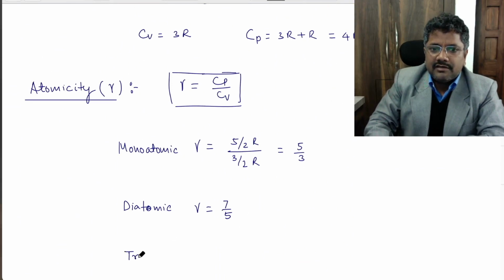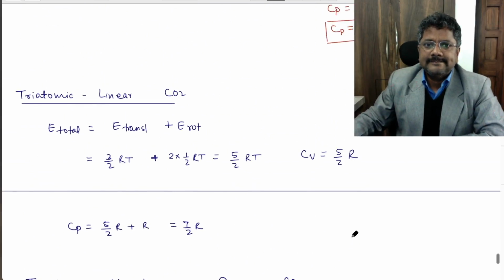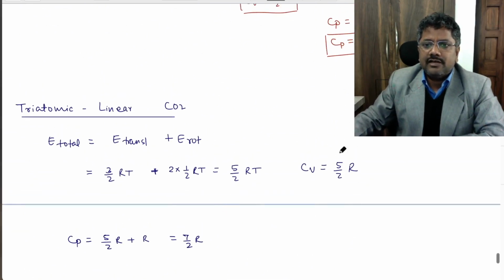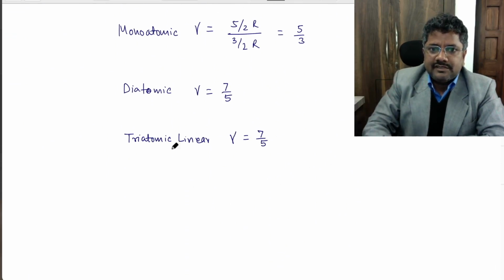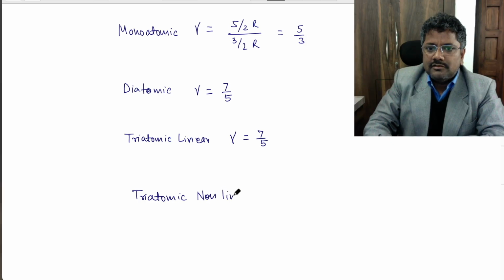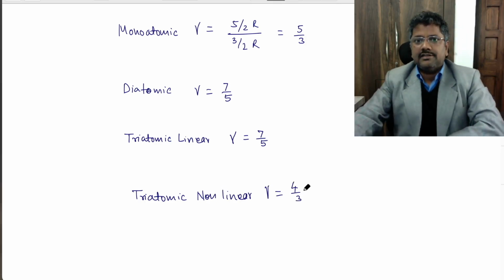For triatomic linear, gamma is equal to 7 by 5, I think, same. And non-linear triatomic, gamma is equal to 4 by 3, right?